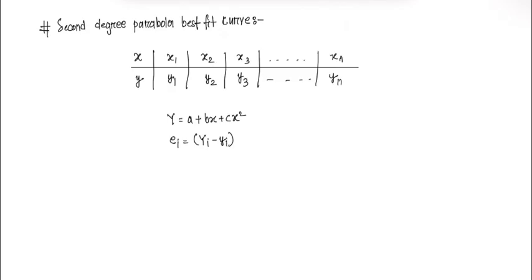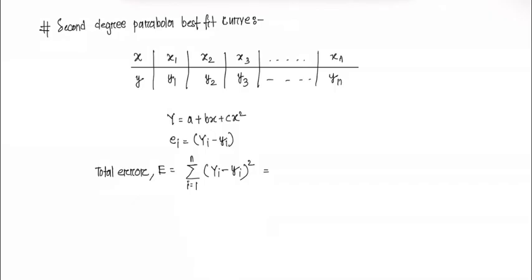yi and xi, this is the difference. So the total error is the sum from i to n of yi minus the previous one.